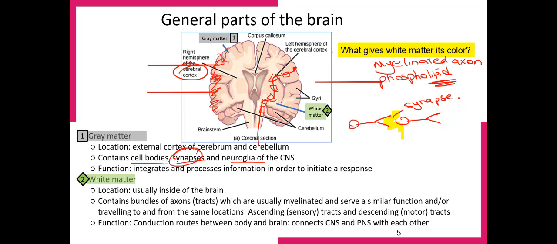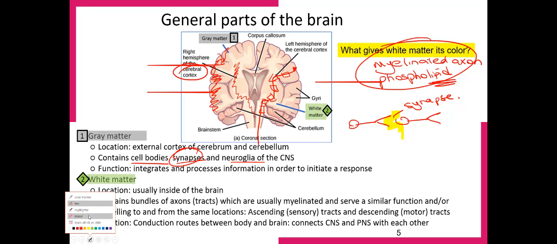The white matter, you can see here, is located on the inside of the brain, so it's located deeper into the brain, and it contains bundles of axons or tracts, which are usually myelinated, again, to give its white appearance, and serve a similar function or travel to or from the same location. So what you can see here in the white matter, it's like the 401.